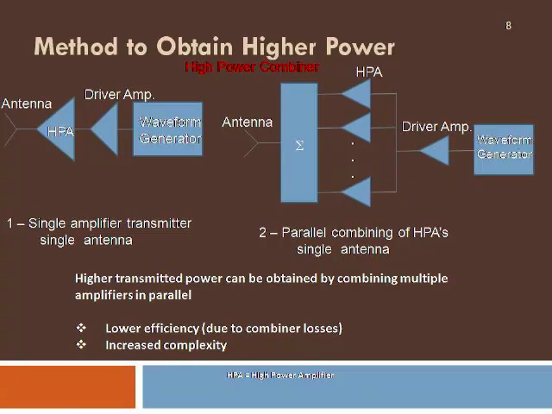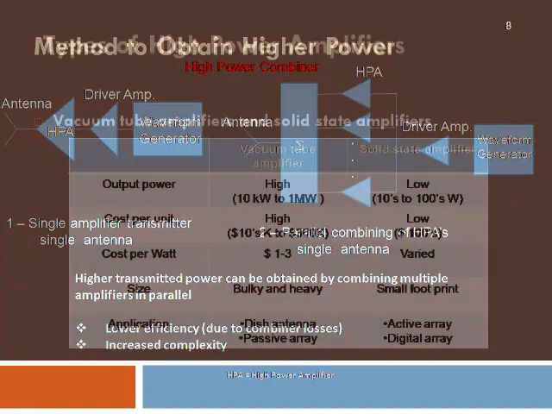By combining several amplifier outputs, we incur some combining loss, and there will also be increased complexity, because combining high power, high frequency signals is a tough job while taking care of phase synchronization.